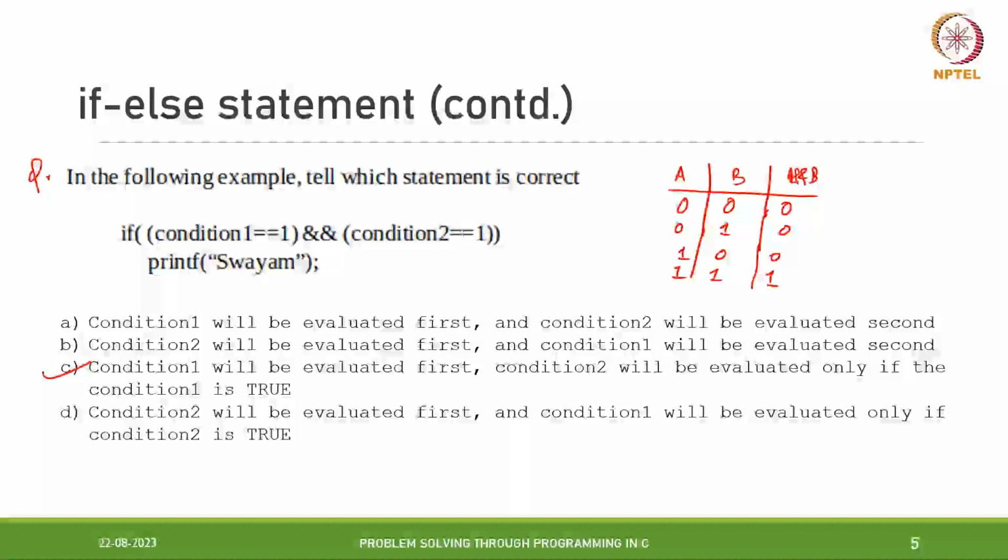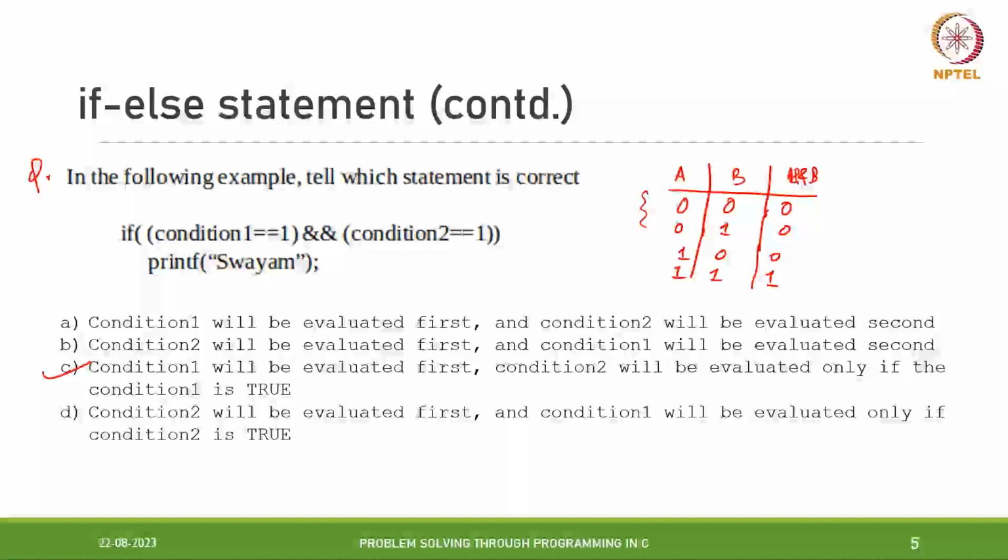Here is how C takes this: first condition 1 will be evaluated. Only if that is true does it make sense to evaluate the second condition, because if the first condition itself is false, there is no sense in checking the second condition. It will simply say that it's false.